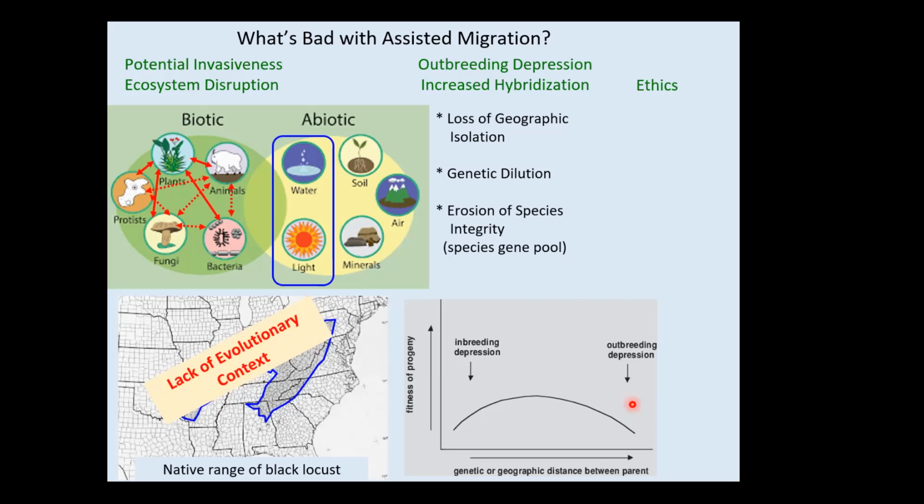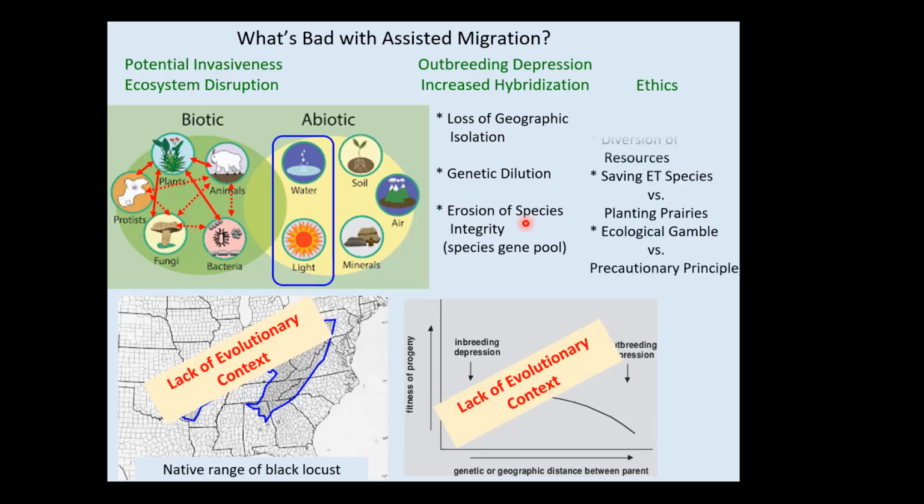Two different species, in theory, don't have the right to reproduce because they're different species. But you put them close together and with the open pollination system that plants have, introgression can happen. That's what causes a hybrid. And again, introgression causes dilution of that species, erosion of the species integrity. Their species gene pools are breaking down. That's not good. Again, lack of evolutionary context.